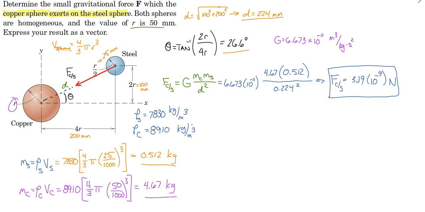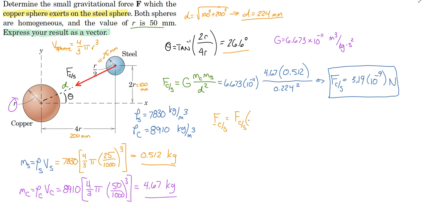All right, at this point, we can actually finish the question because we were asked to express our result as a vector. And if we want to write that as a vector, we know the direction. It's in the minus i and the minus j directions. And we could simply write that the vector, force for the copper on the steel, is the magnitude times the unit vector that aims it.